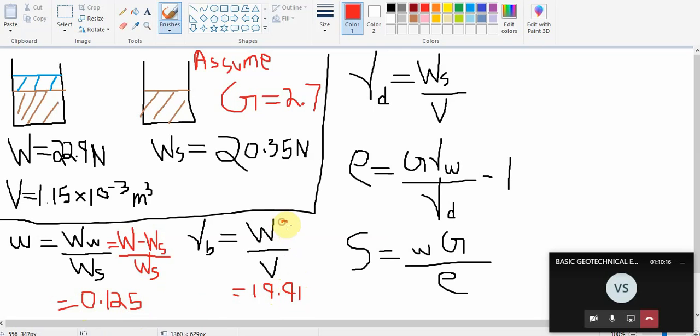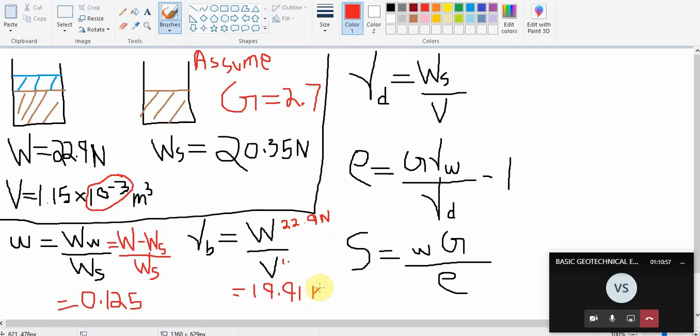Why is W 22.9 when volume is 1.15 into 10 raised to minus 3? The 10 raised to minus 3, which is in the denominator, when it comes to the numerator, will become 10 raised to 3. The 10 raised to 3 becomes kilo, so you will get density in kilonewton per meter cube.